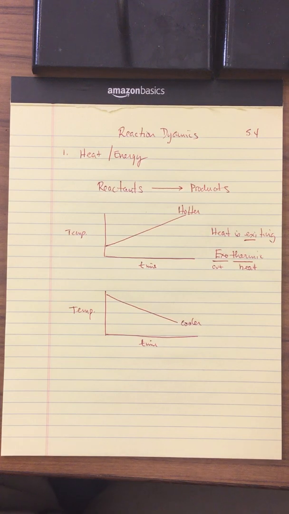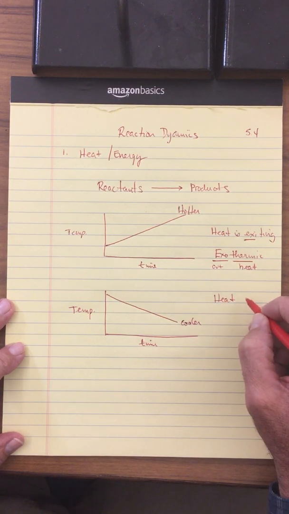So in order for this to happen, imagine that you have a substance or 2 substances that are sitting in a test tube, and they begin to react. And what happens is it starts to feel colder in your hand because of that chemical reaction. What's happening is the heat inside the test tube is going into the chemical reaction itself.